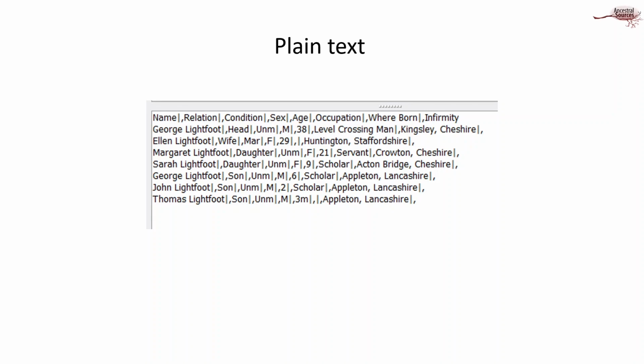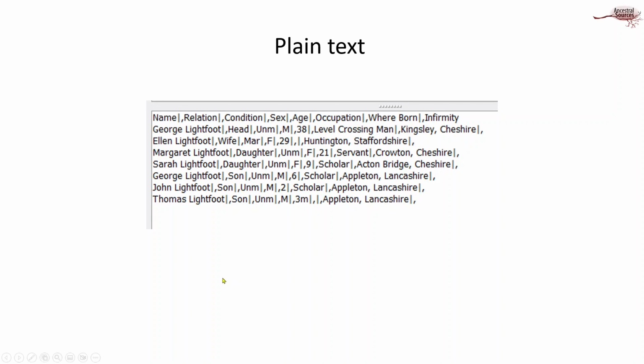We could perhaps attempt a little bit of formatting by putting in extra spaces or using tabs, but we couldn't be sure things would line up depending on fonts that we used and so on. So what you can see there is an example of a census source that I created in an earlier version of Ancestral Sources and Family Historian, where plain text was the only option available to us.